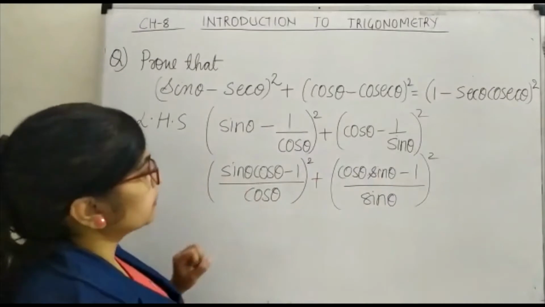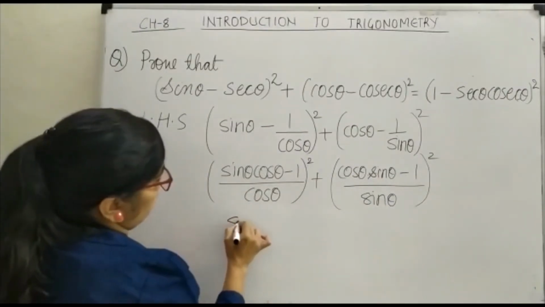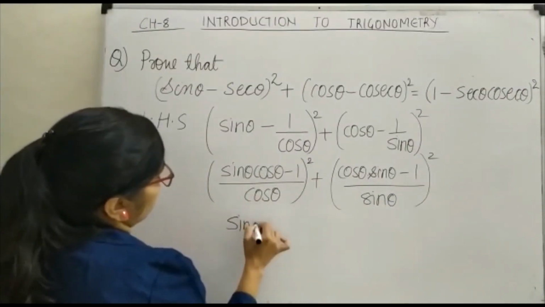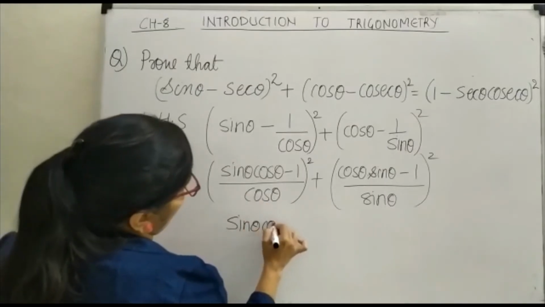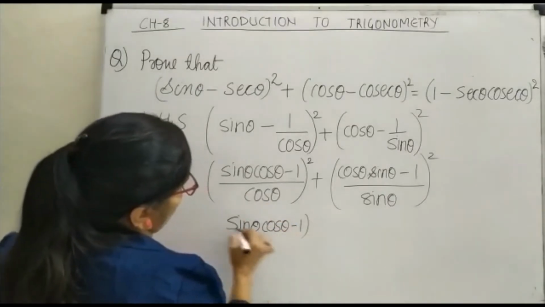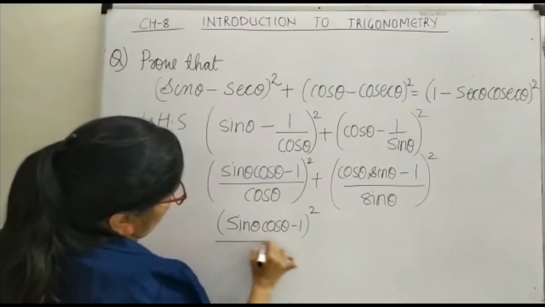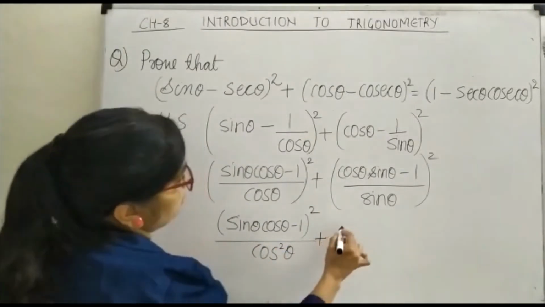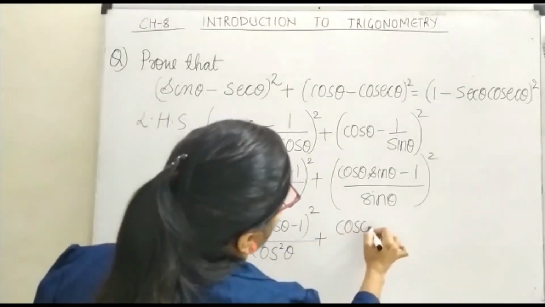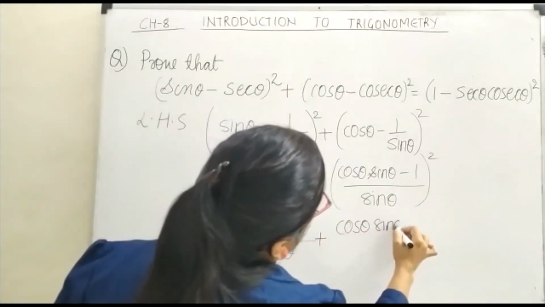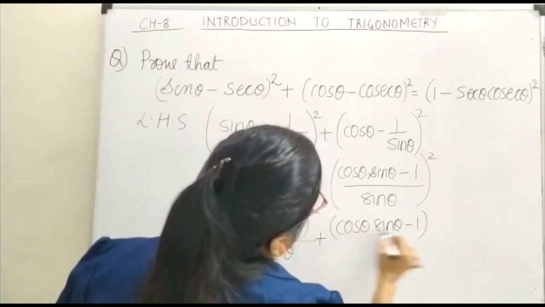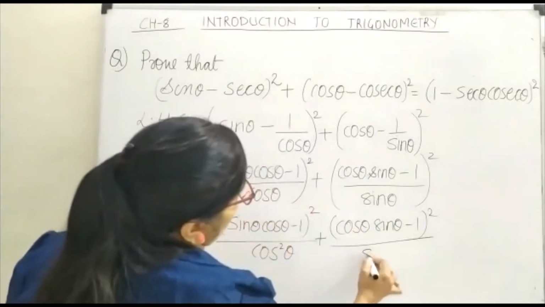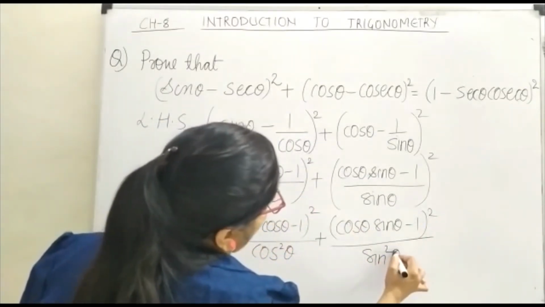Now the same thing can be written as (sin theta cos theta minus 1) the whole square upon cos square theta, plus (sin theta cos theta minus 1) the whole square upon sin square theta.